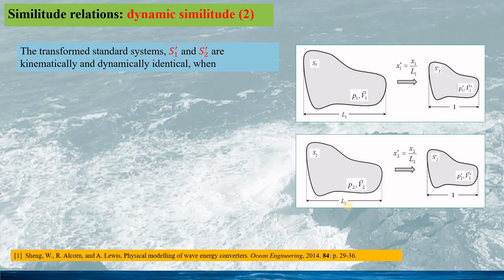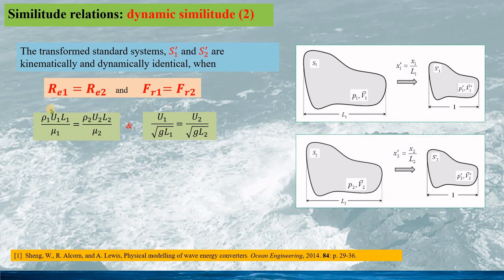The transformed standard systems S1 prime and S2 prime are geometrically the same, but they are kinematically and dynamically identical only when the Reynolds number Re1 equals Re2 and the Froude number Fr1 equals Fr2, or in detail, as given in these formulas.